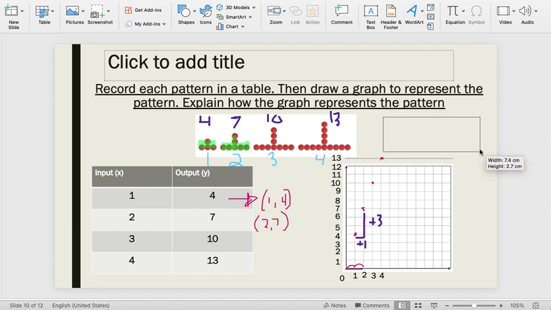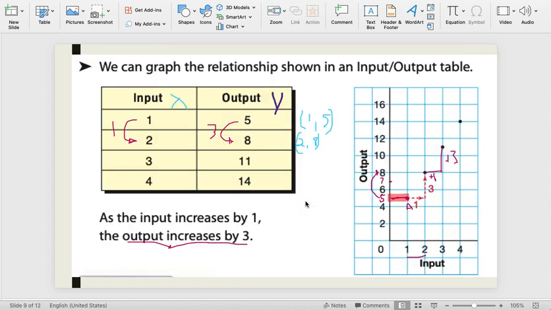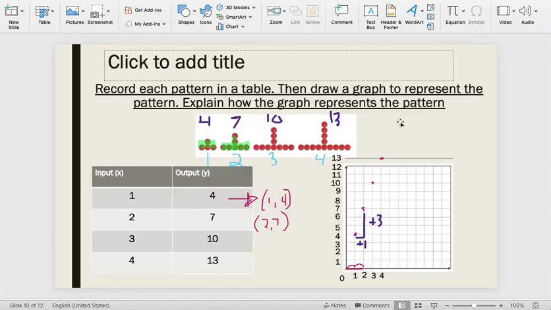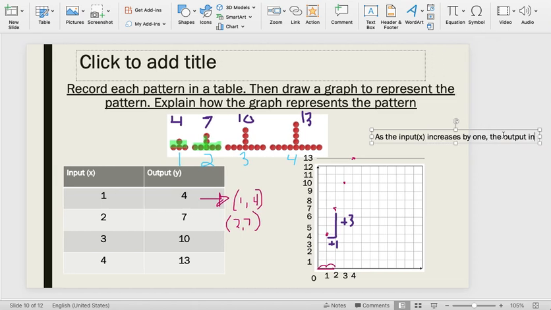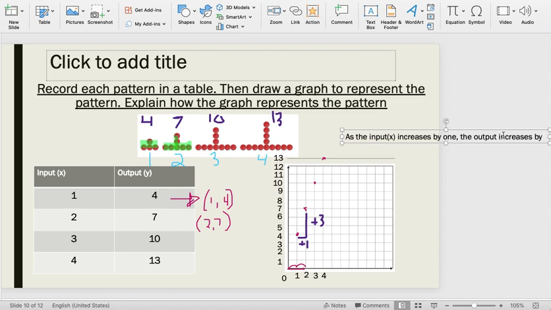So explain how the graph represents. Sorry, I just have to go back to the last slide to make sure my phrasing is right. So as the input increases by 1, remember, the input is also the x, the output increases by 3.